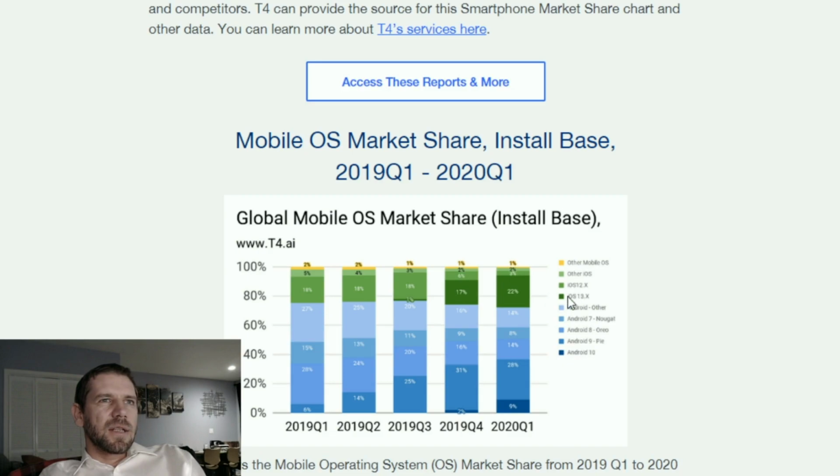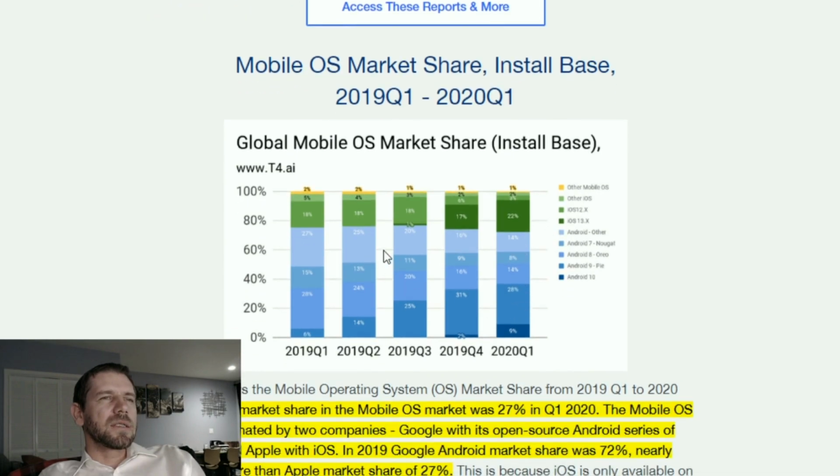And this is the statistic that I really care about over here, which is the install base of the operating system. Because as I discussed earlier, Apple is just in the beginning stages of monetizing its users, right, of its platform, which is the phone. And so you can see they now have 27% or so of the operating systems on mobile, and they've gained about a couple percent just in the last quarter, and then a couple percent from the quarter before that.